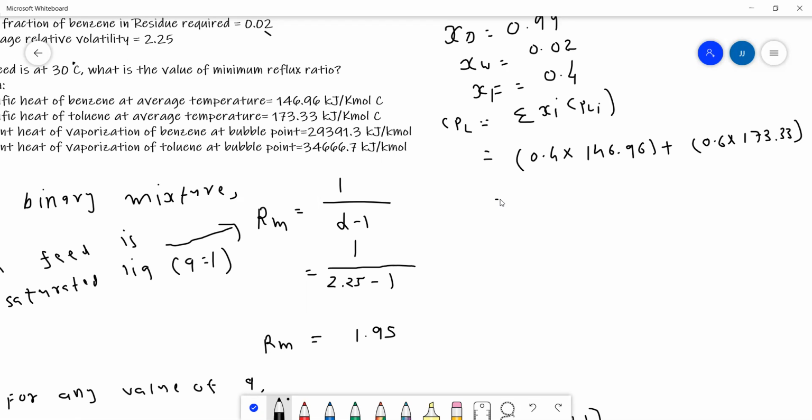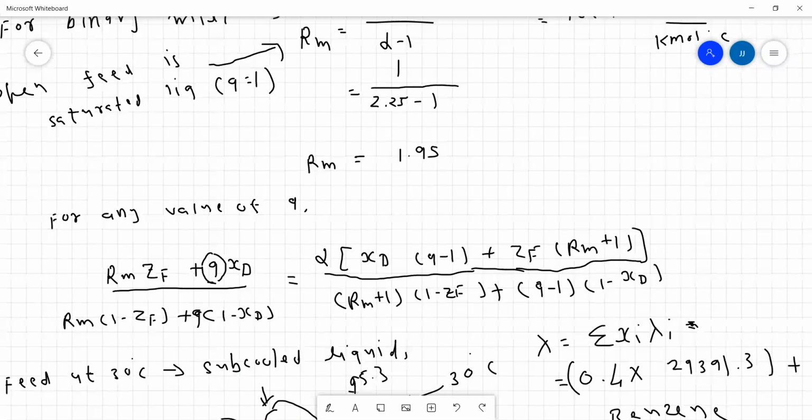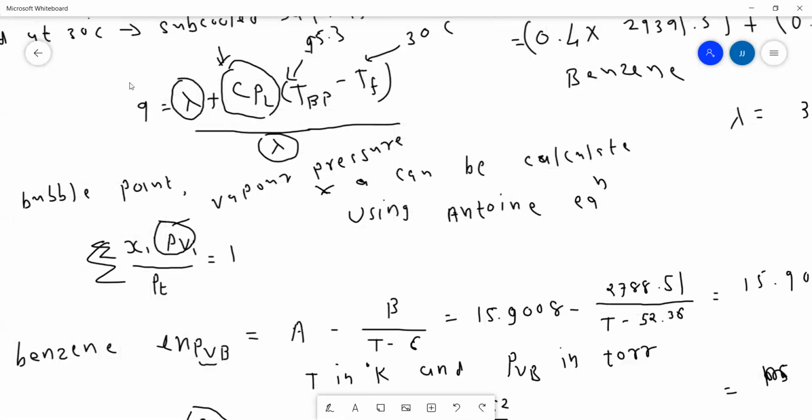So we will get this equal to 162.78 kilojoule per kilomole degree centigrade. So CPL also we have found. Now substitute all these values in this equation.